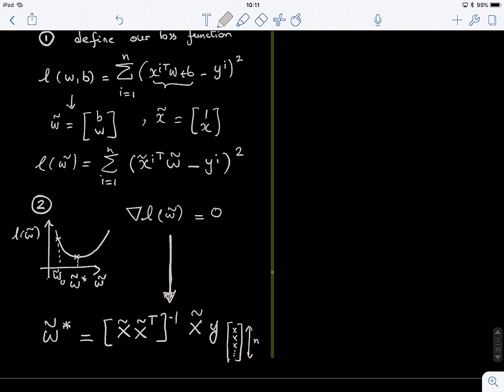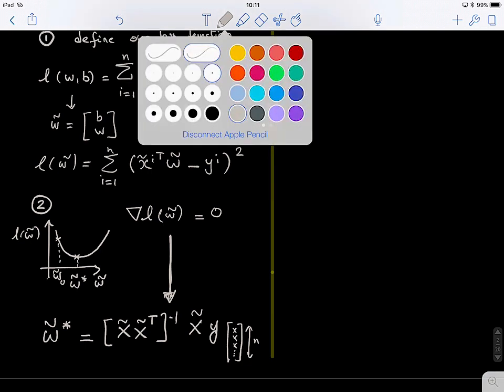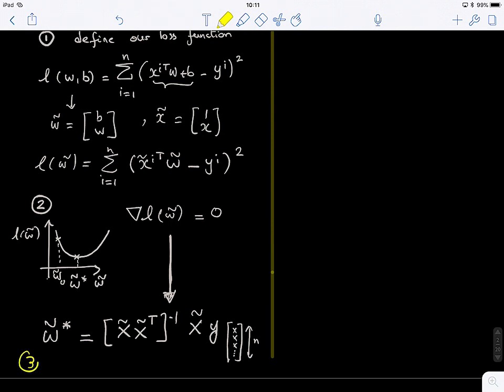Imagine, if you remember when we did logistic regression, we weren't able to explicitly write the W. So what do we need to do in that case? What would be the third step in that case? In case we cannot have the explicit closed form, how can we alternatively solve this problem?